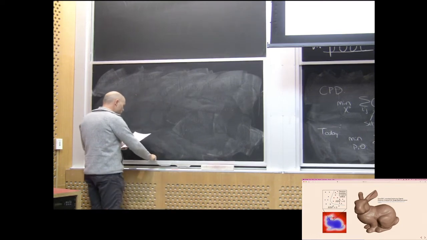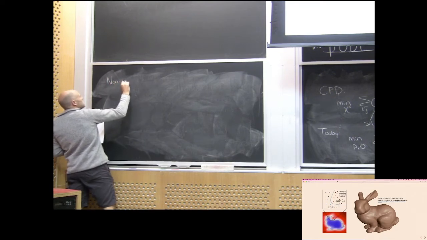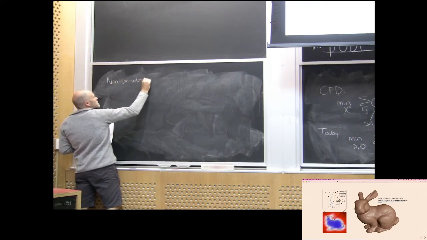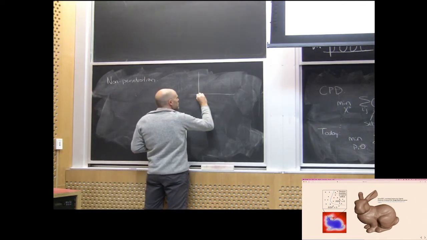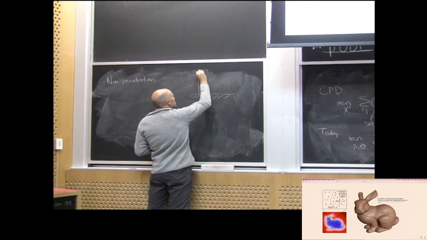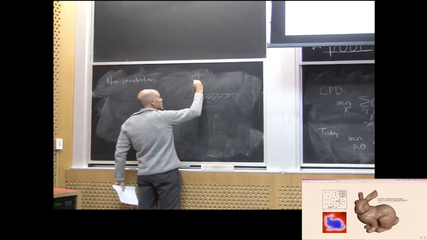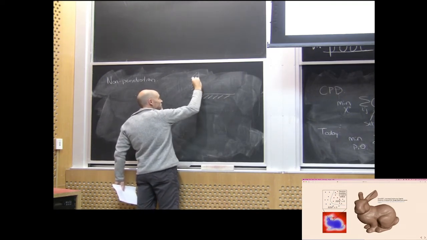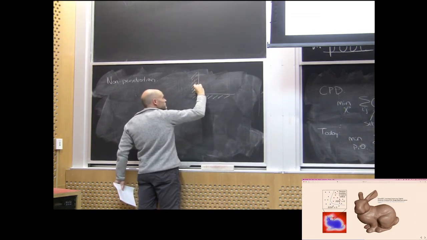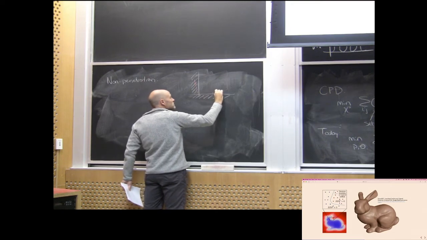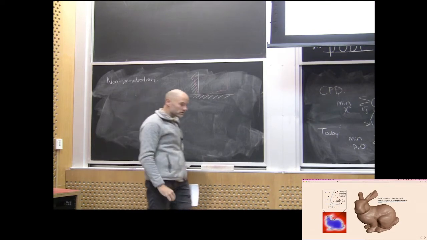So, just as an example of non-penetration, in 2D, let's say I have a bunch of scene points. Let's say I've just got a box that I'm trying to find. Okay, I've got a bunch of scene points like this, and I want to fit my model to my scene with my green chalk.